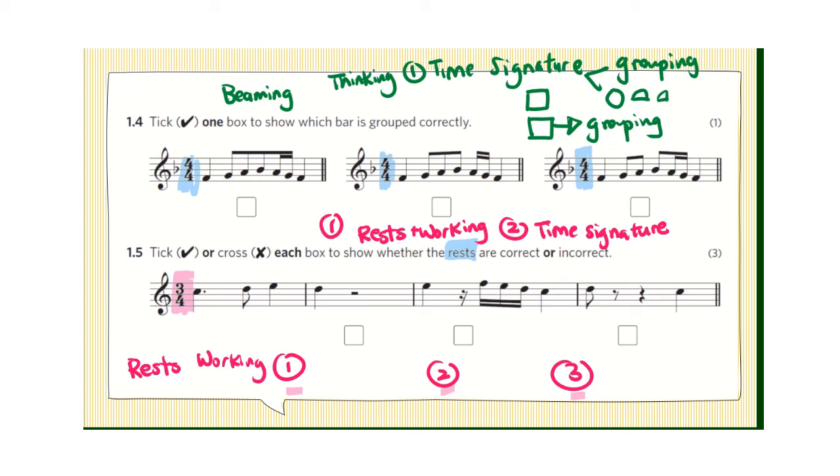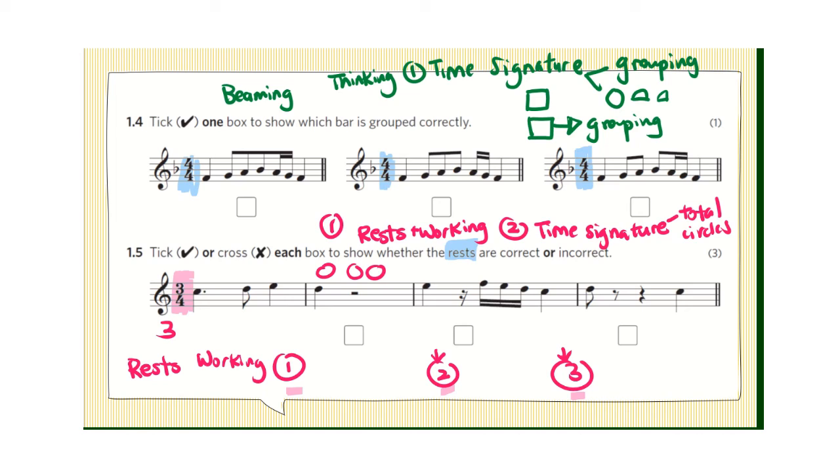Do you need 1 step, 2 steps, or all 3 steps? So a reminder, please draw the total number of circles for each bar first. For example, if it is 3/4, you think there are 3 beats in a bar, so you draw 3 circles first. Then you see whether you need step 2 or step 3 or not.